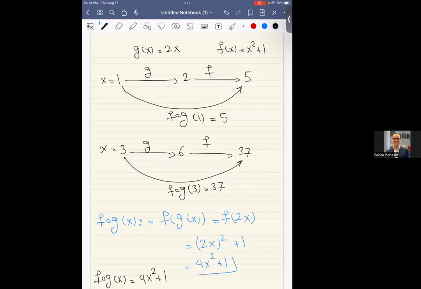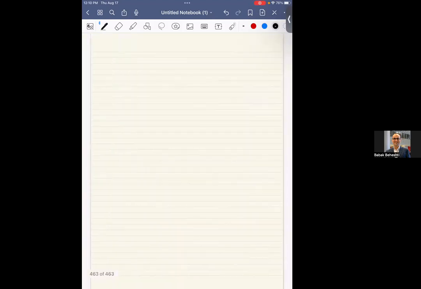Okay, so there are some interesting examples. This is a very key example, actually: when you have an inverse function, if you combine a function with its inverse, you get x, the identity.